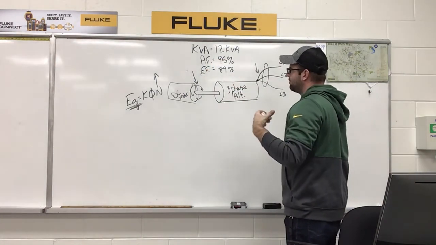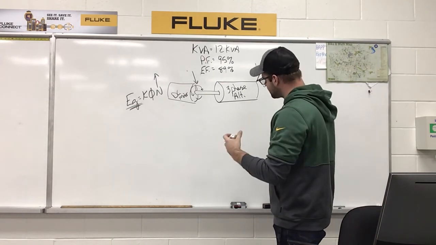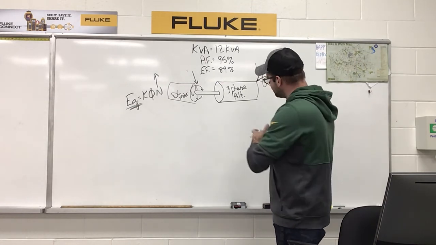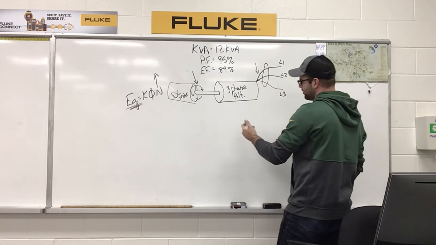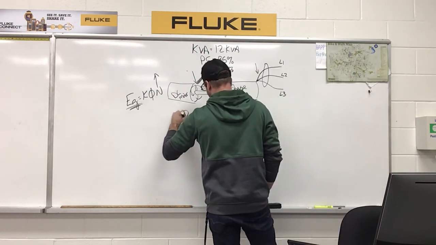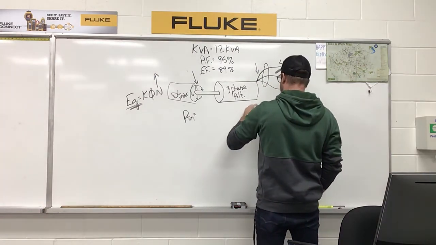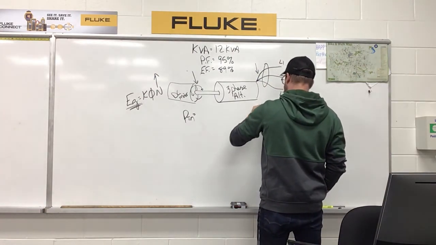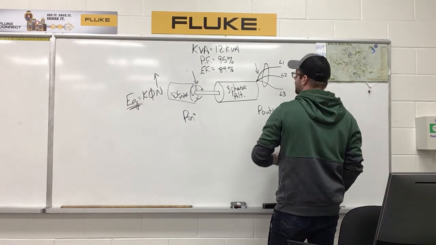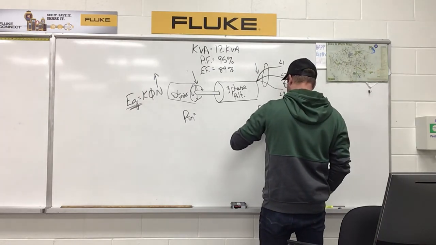So the best thing to do with this is to lay things out so you know exactly where they're going to be going. So obviously our power in is going to be here. Our power output is on this side, and then we also have our kVA.